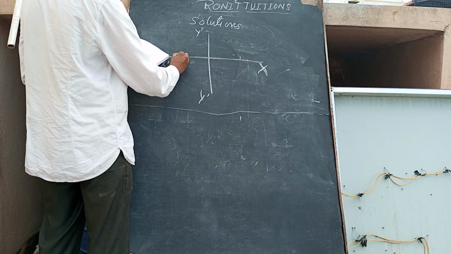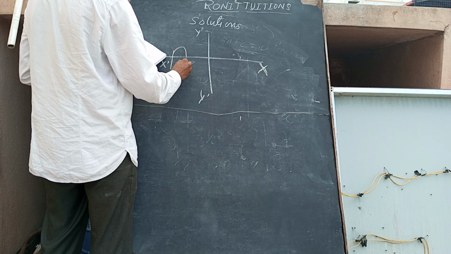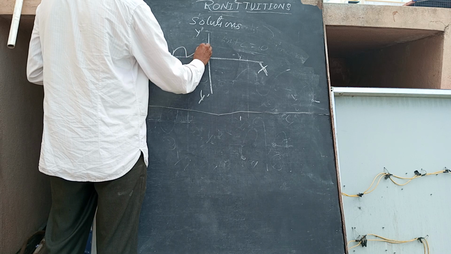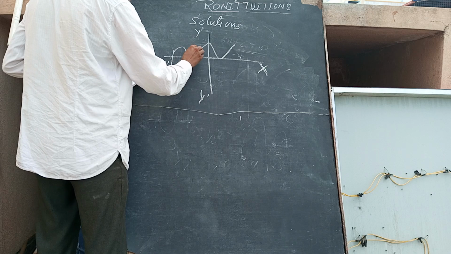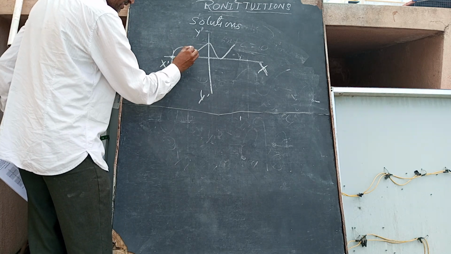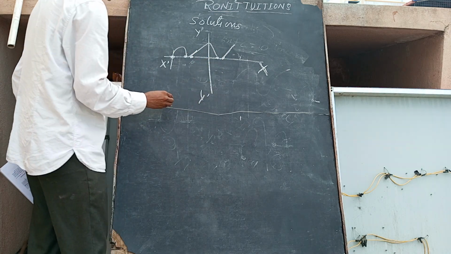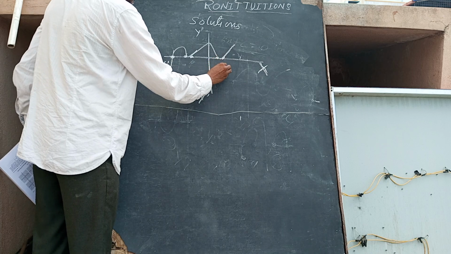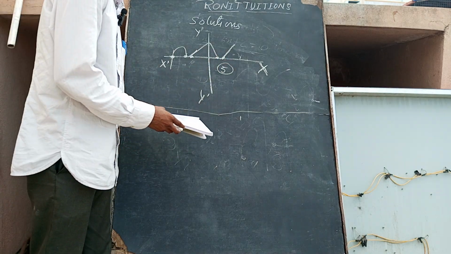So here it is given like this. How many places? 1 place cut here, 1 place here, 1 place here, 1 place here, 1 place here. So total places 1, 2, 3, 4, 5. How many zeros are there? 5 zeros are there.